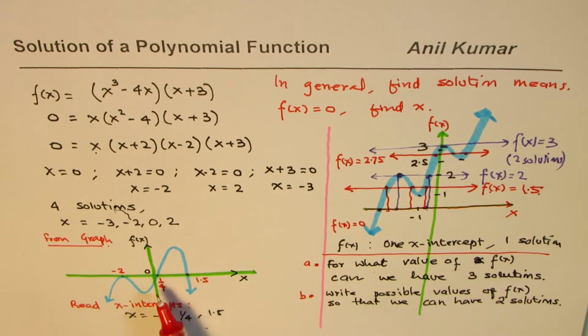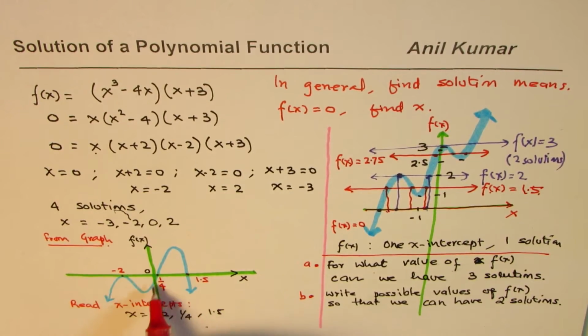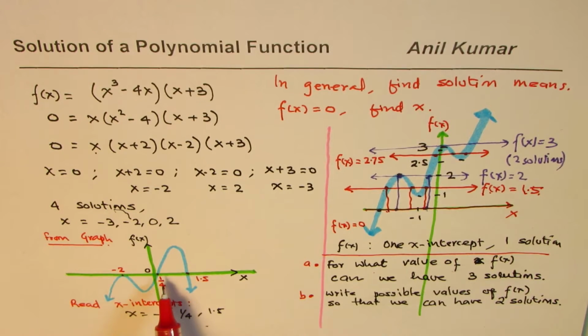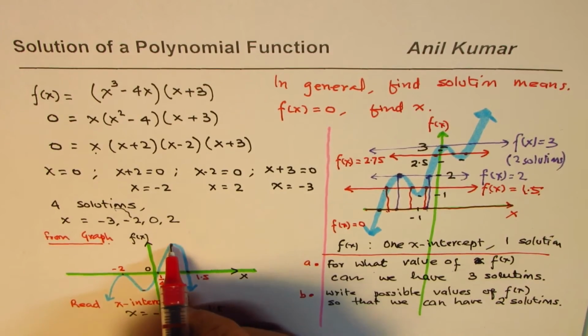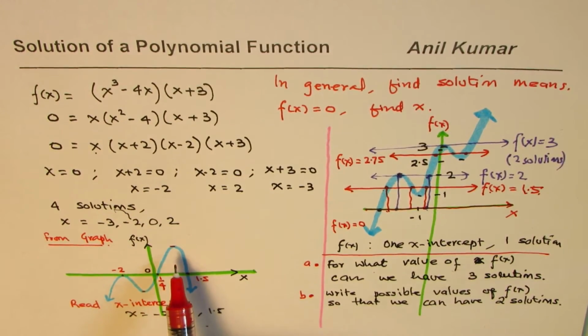Now, we could say, for what value of f of x can we have just 2 solutions, right? For what value of f of x can we have just 2 solutions? Correct? So if you know this point, we can easily find the value of f of x.